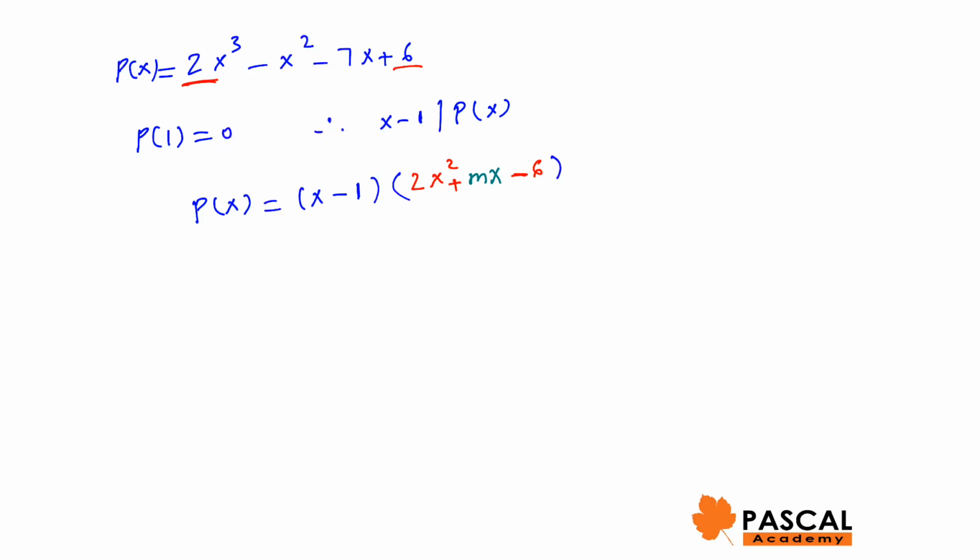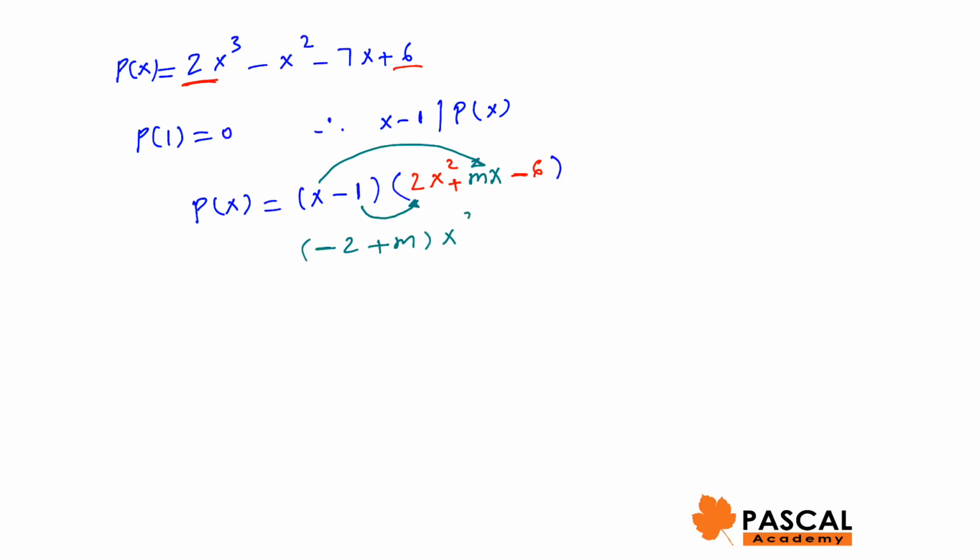If we expand (x - 1) times (2x^2 + mx - 6), the coefficient of x^2 is -2, which is the multiplication of -1 and 2x^2, plus m.